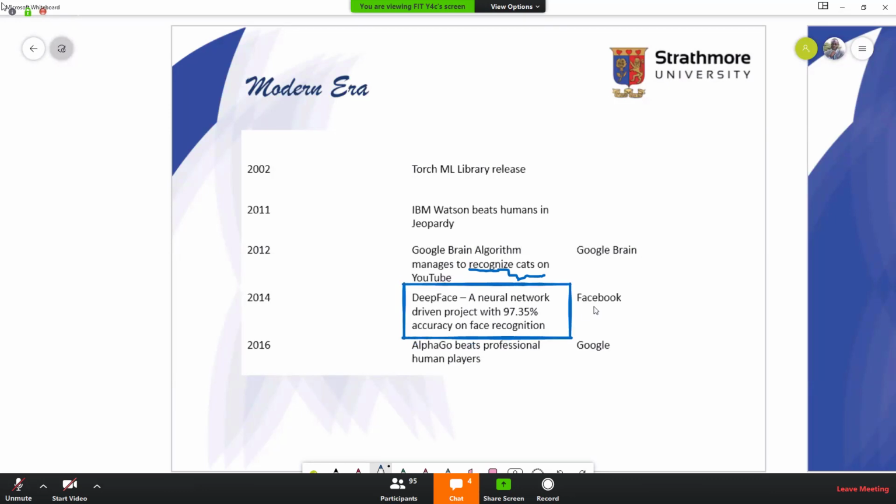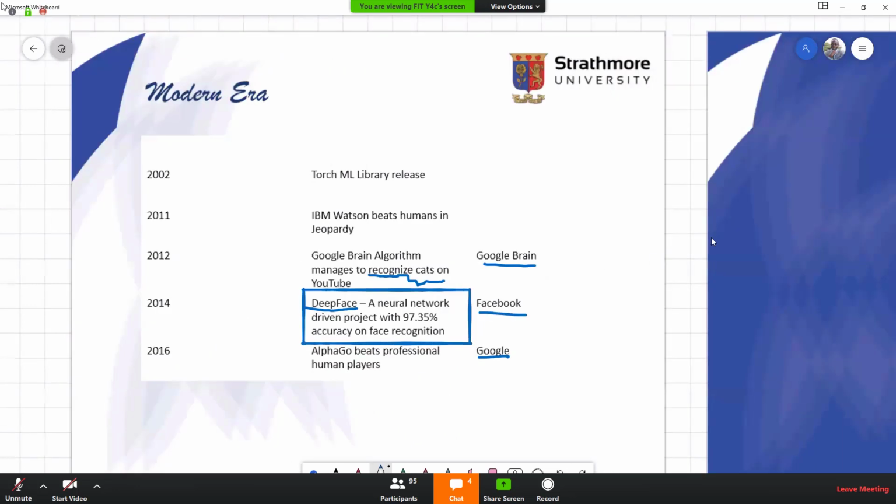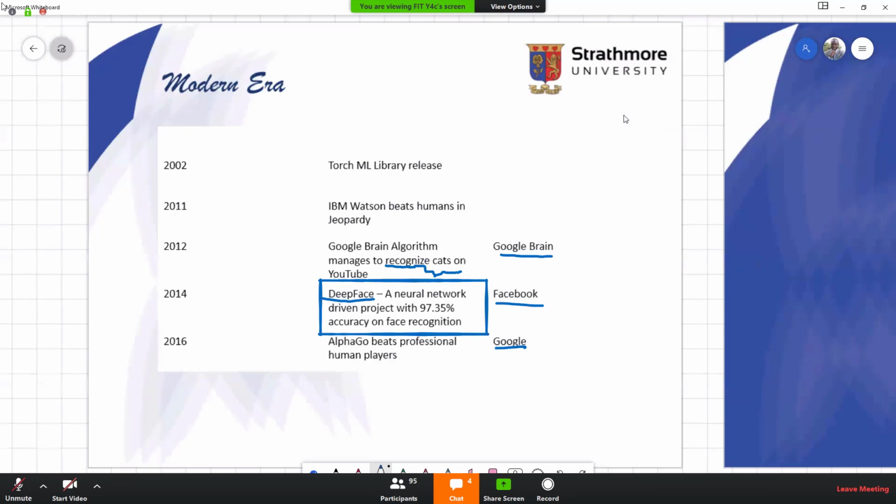You have actually seen it on Facebook trying to recognize your face or trying to tag people. The project was called DeepFace. You can see these are massive tech companies sponsoring some massive projects, etc. And then 2016, AlphaGo did also something, and the story continues. So that's like the journey to modern day AI and how statistics is playing the major role.